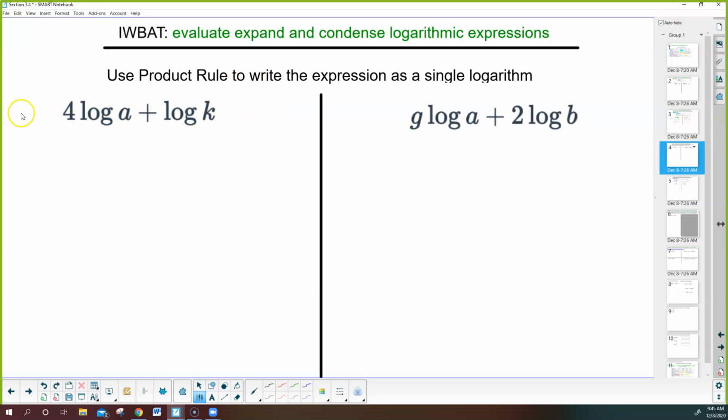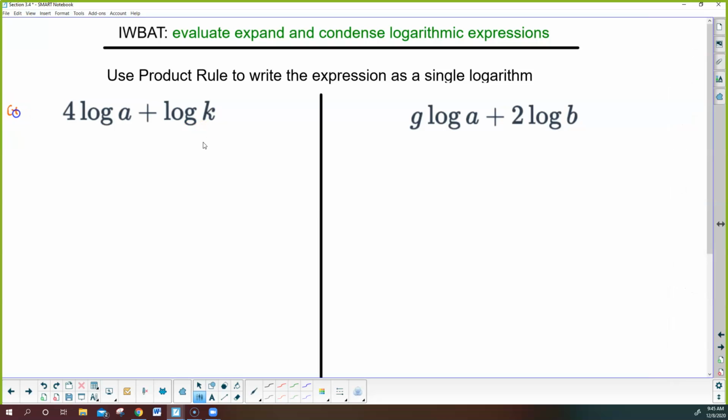And then we want to go from expanded to what we call condensed form. So can you undo the rules that we just talked about to figure out what is the most condensed form of this piece and do the same thing for this one? So go ahead and try that quick.